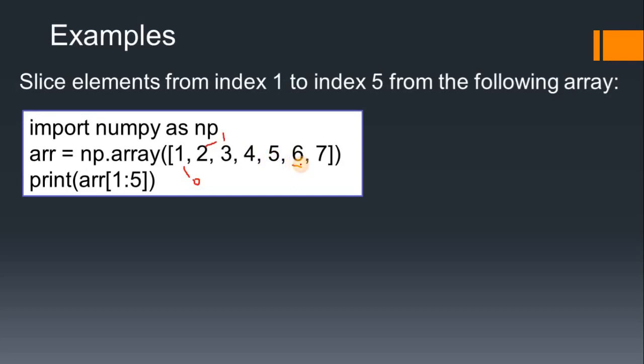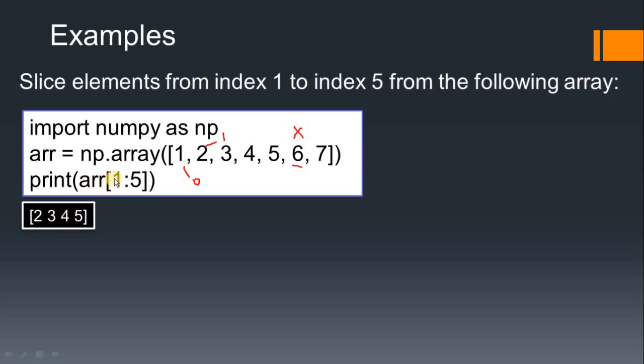So this is the fifth position, but it doesn't count the fifth position, meaning it doesn't count the last index position. So whatever values are there, it will extract all. It will extract the values 2, 3, 4 and 5. You can see in the output 2, 3, 4 and 5.